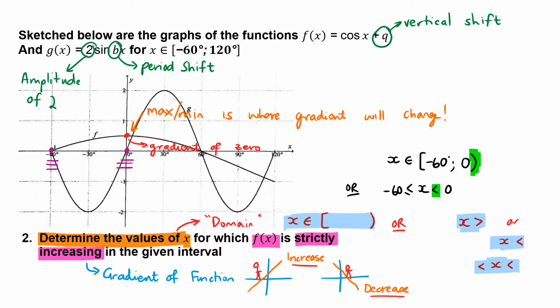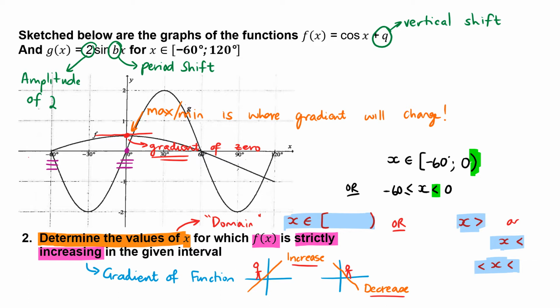Going back to the idea of using a straight line, if I picked any point along here between negative 60 and 0, and I drew a straight line like so, it would always be increasing if it touched just that point. So in other words, drawing a tangent. Whereas if I drew a tangent to touch at the turning point, it would be flat. It would be perfectly horizontal. And the gradient of any horizontal line, you'll remember back from grade 10, is 0. So the gradient at a turning point is 0.